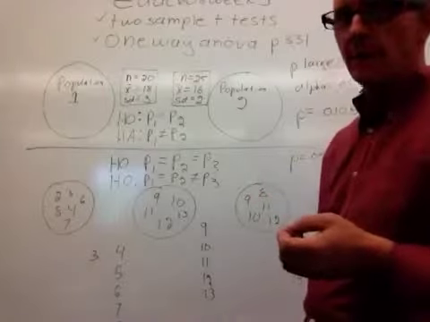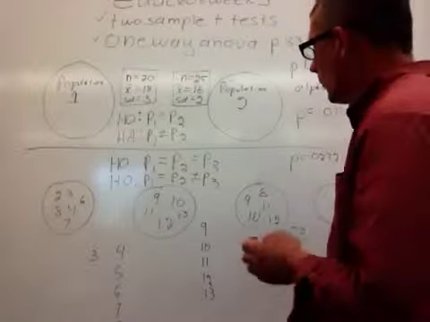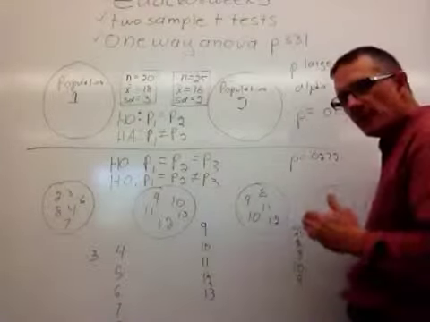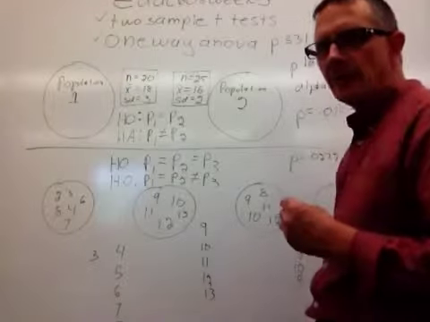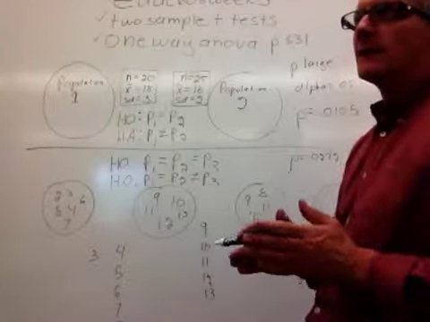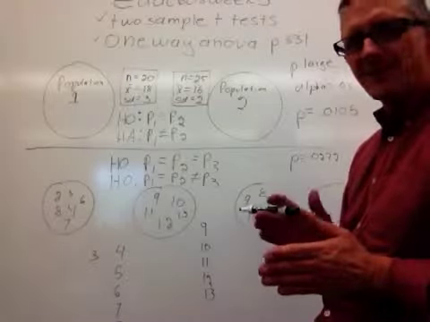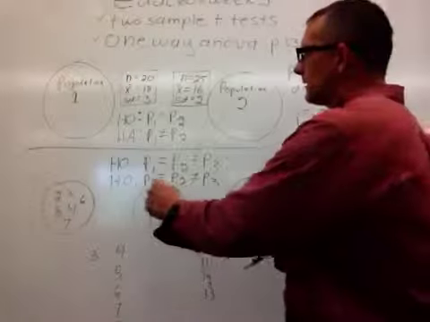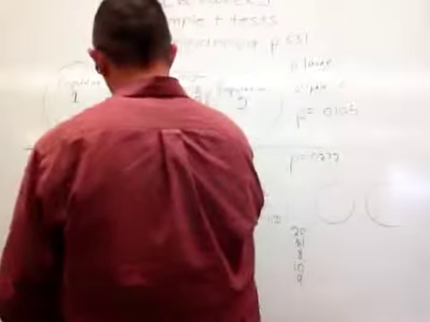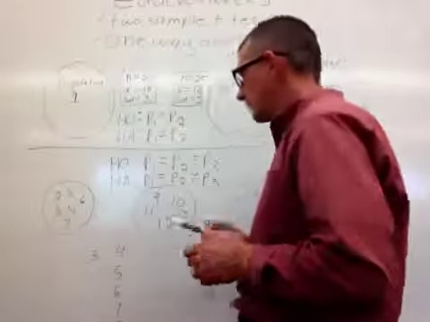What it does not allow you to do is tell you which of the means may be different from the others. All you know is that the three groups are probably not the same. That's the alternative, or HA, the alternative or research hypothesis.